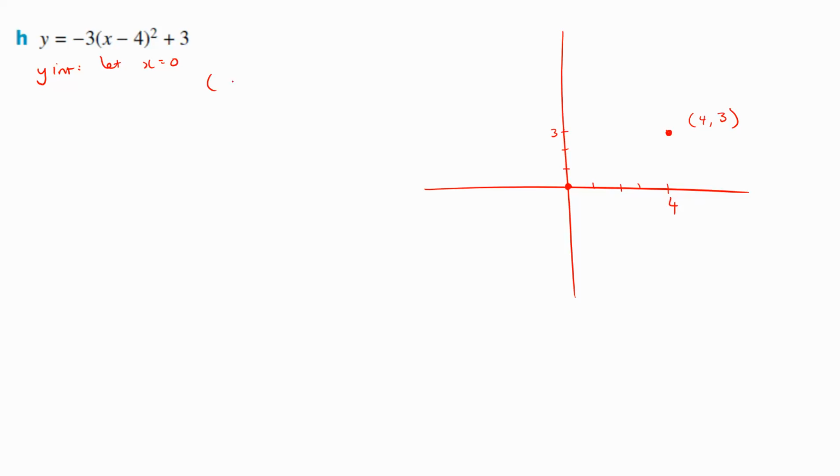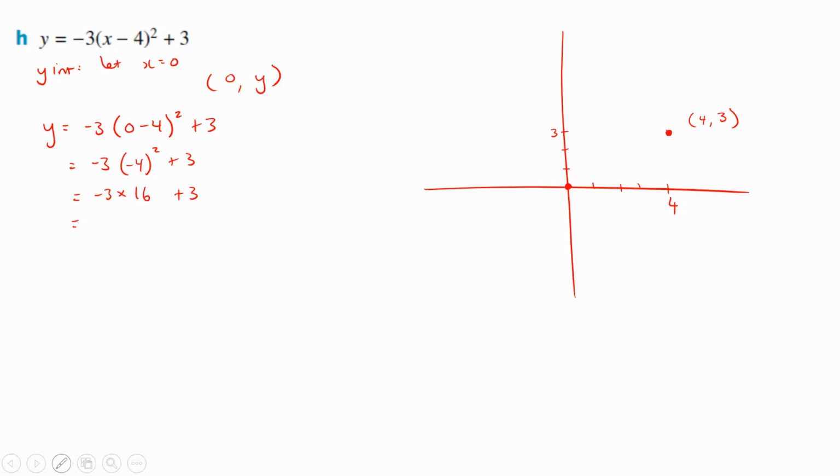So remember the y-intercept, you're letting x equal 0 and you're finding y. So let's do it. According to the equation, y equals -3 times (0 minus 4) squared plus 3. That now gives you -3 times (-4) squared plus 3, and that becomes -3 times 16 plus 3.